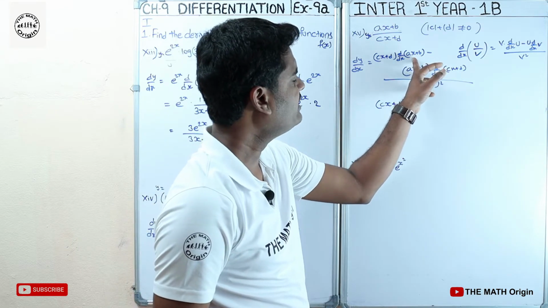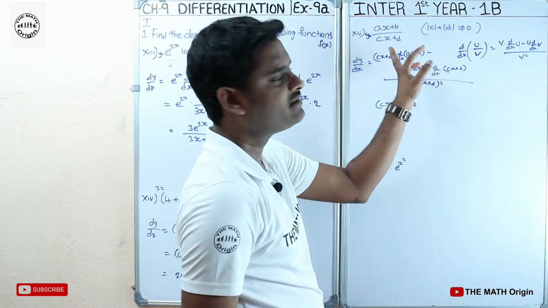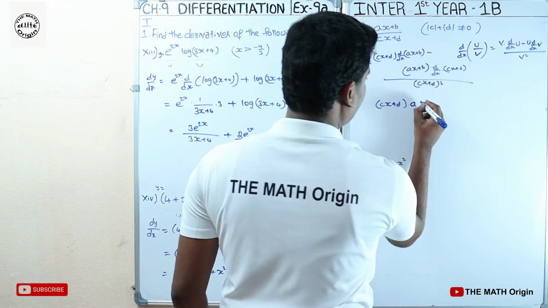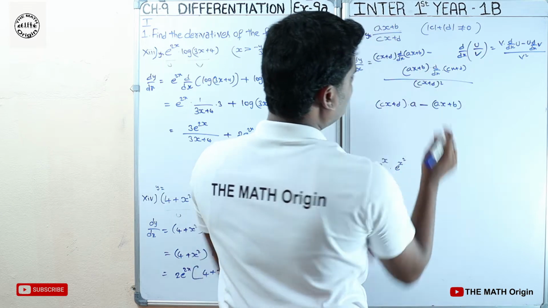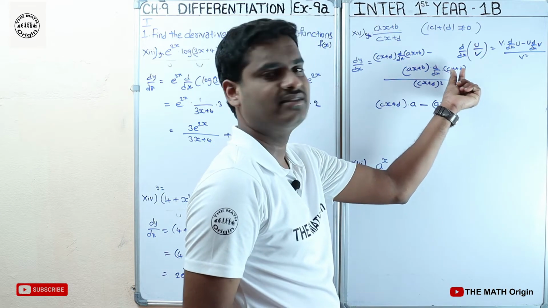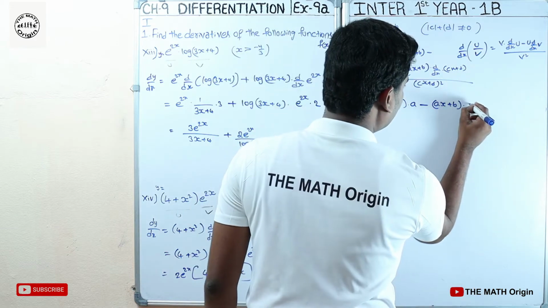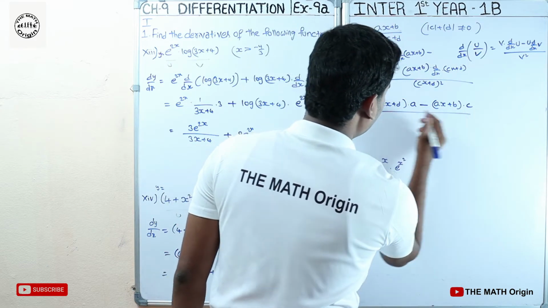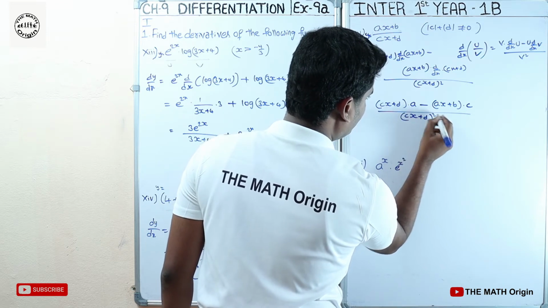So d by dx of ax is a and d by dx of b is a constant, so it is 0, minus ax plus b into d by dx of cx is c plus d by dx of d is 0, so it will be c, whole divided by cx plus d whole square.